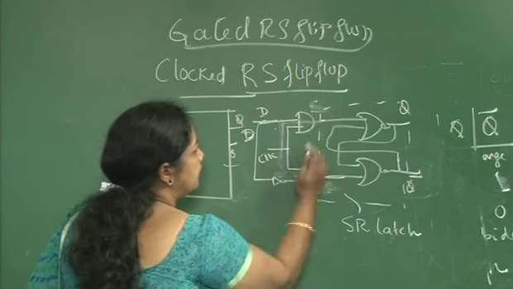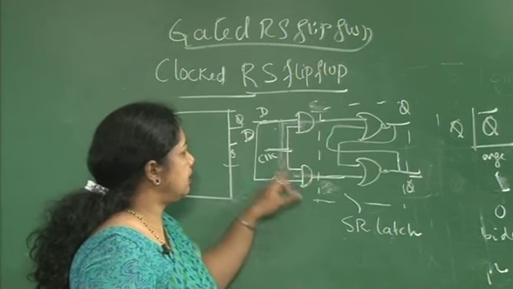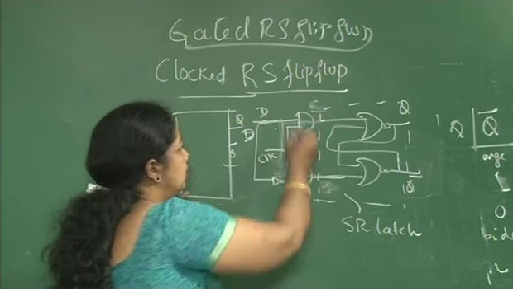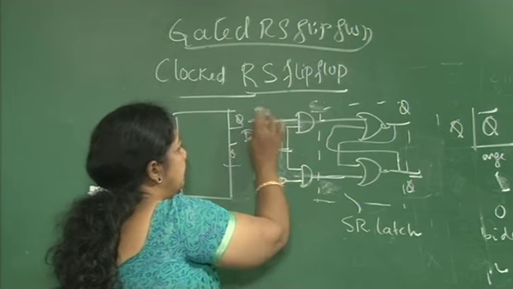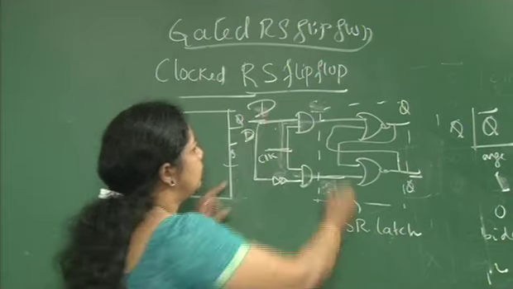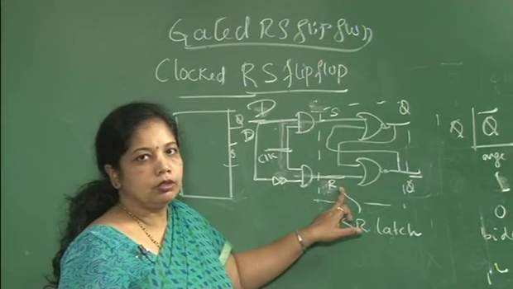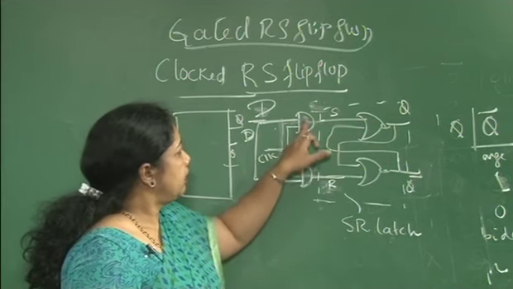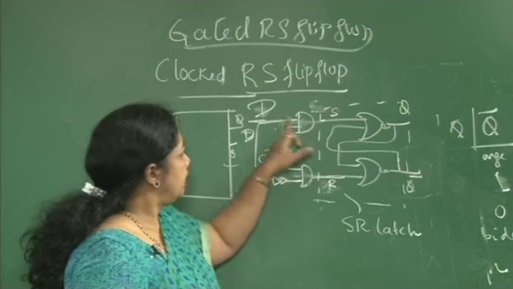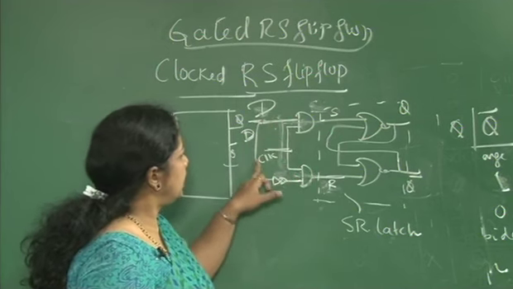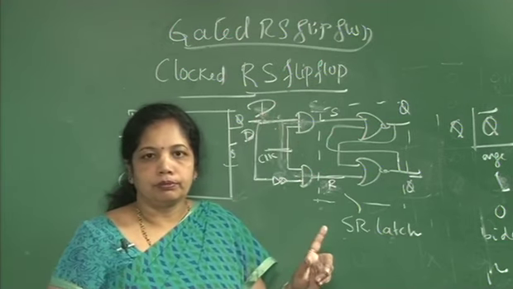Outside of this, I am connecting through 2 NAND gates and input clock. Then I am shorting these 2 inputs through inverter and I am making this a single input D. So inside this circuit, we add SR input, where once again I have taken this clock through 2 AND gates and I have connected both of these inputs through NOT gate to make a single input. So this is called D flip flop.